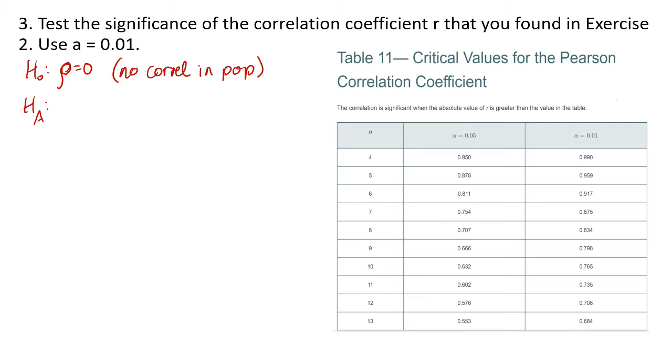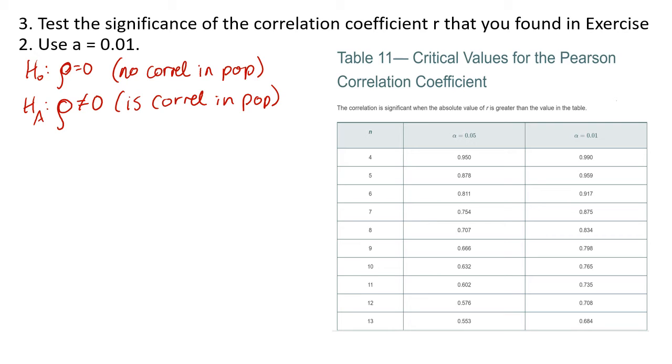We know there's a correlation in the sample, but the point of our sample is to say things about the population. So the alternative is that it's not 0, meaning there is a correlation in the population based on our sample results.